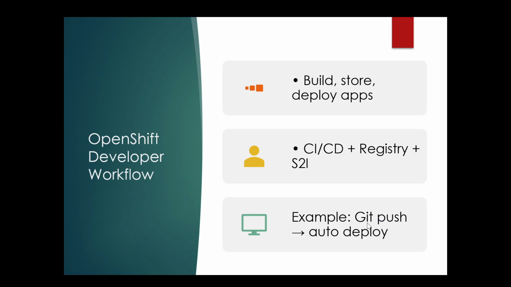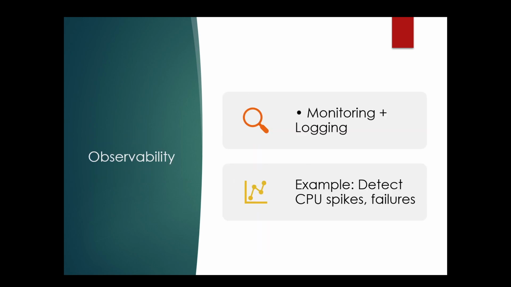For example, git push to auto deploy. So this is all part of the developer workflow. And also you have observability as part of the features, where you have monitoring and logging, like detecting CPU spikes and failures, and understanding your application much better using observability.